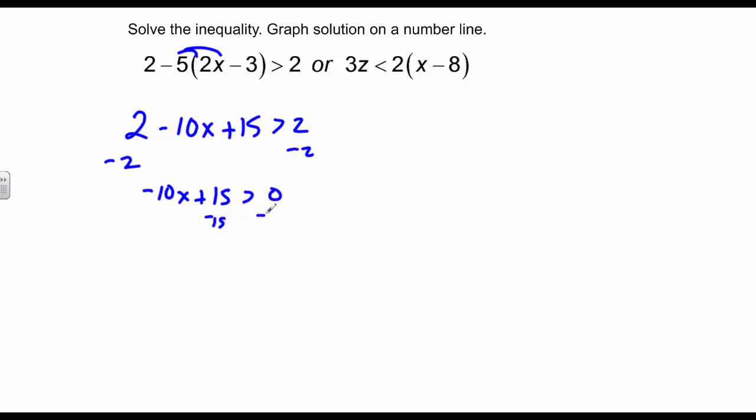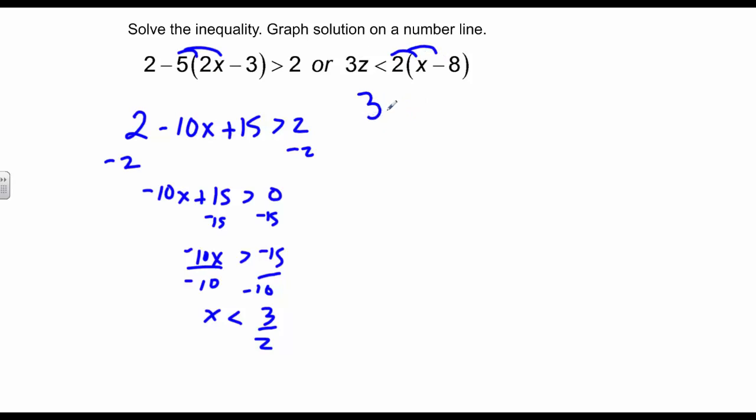Subtract 15 from both sides. I get negative 15 is less than negative 10x. Divide both sides by negative 10. x is less than, because I'm reversing the inequality since I'm dividing by a negative, 3/2 positive.